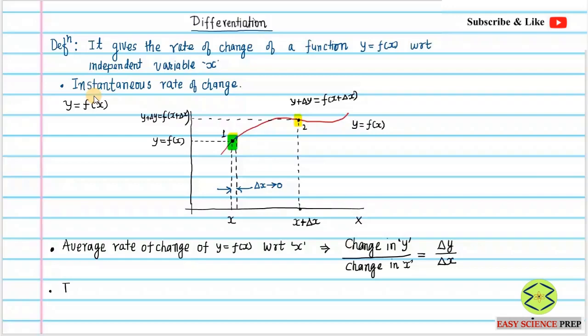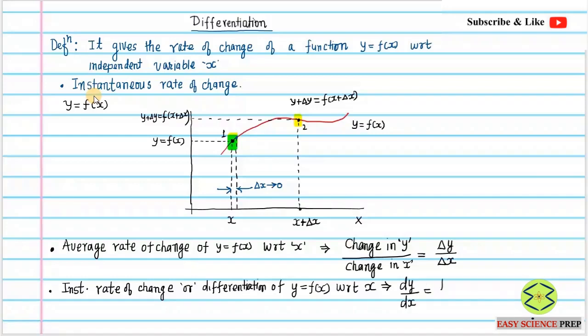So instantaneous rate of change, or we can simply say differentiation of y, that is function, with respect to x, is given by dy over dx, which we call derivative, or differentiation.